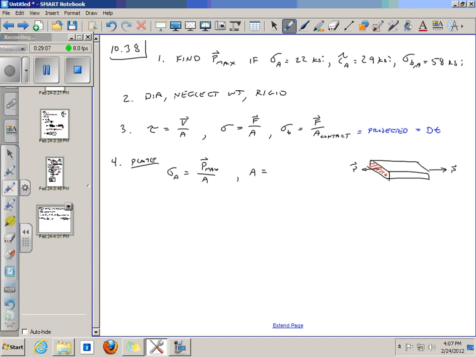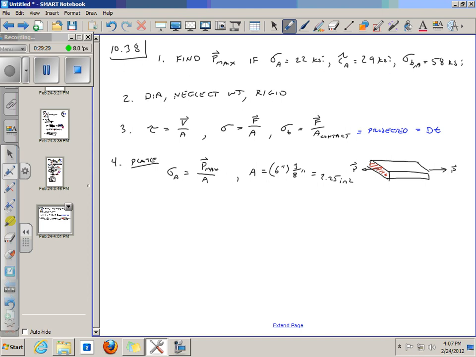So the area is just the width of the plate, 6 inches, times the thickness of the plate, which is 3/8. Okay, so that's equal to 2.25 square inches.